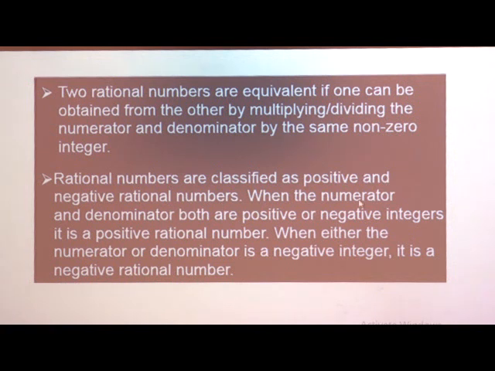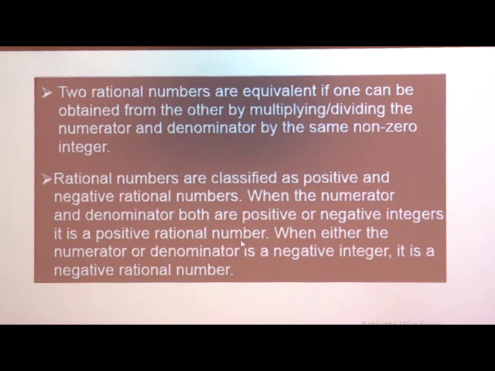When the numerator and denominator both are positive or both are negative integers, it is a positive rational number. What is the meaning of this? When the numerator and denominator both are positive, it is known as a positive rational number.